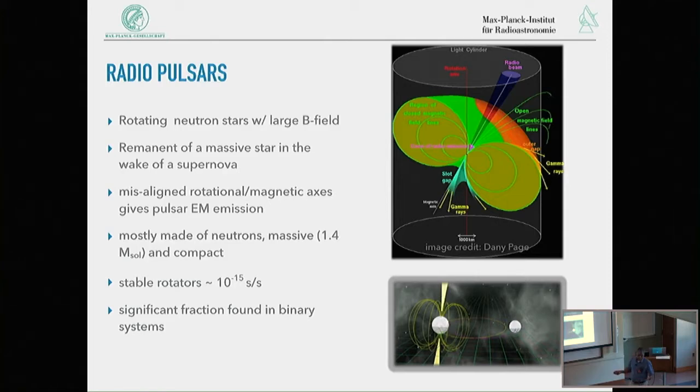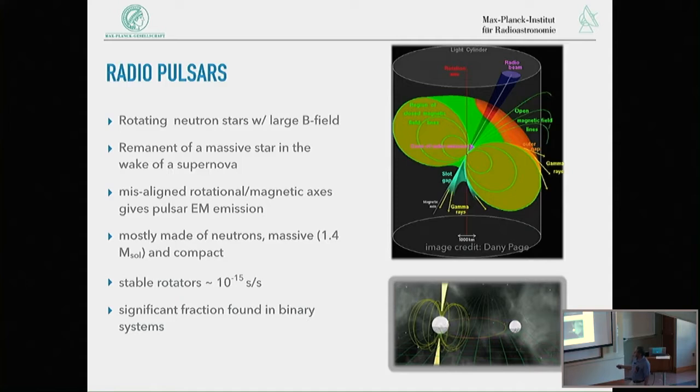Because neutrons don't have charge, they can be compressed down to a very compact object, something like 20 kilometers in diameter. The process of the stellar collapse misaligns the rotational and the magnetic axis, and that in turn gives this cosmic lighthouse effect.